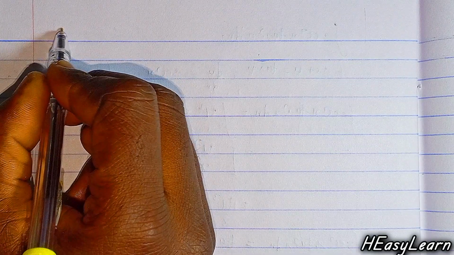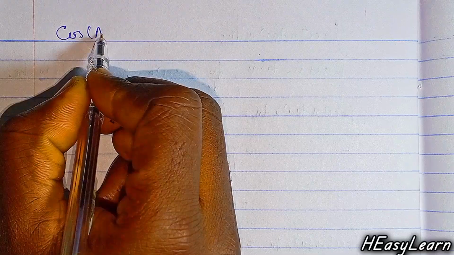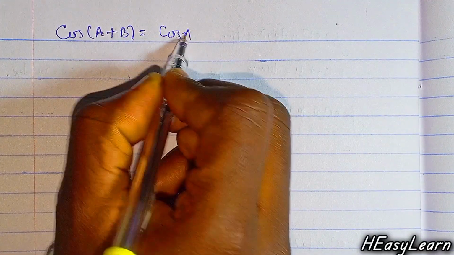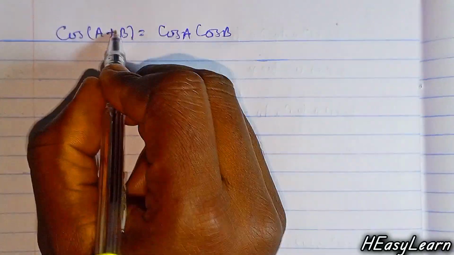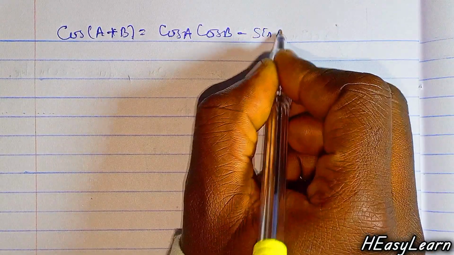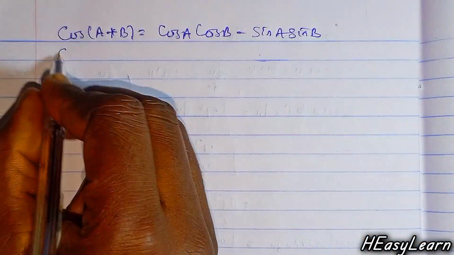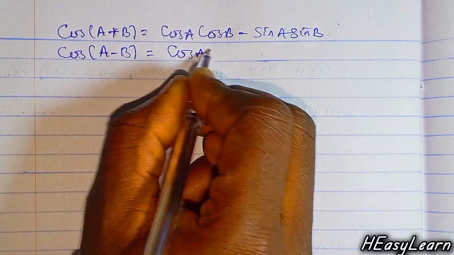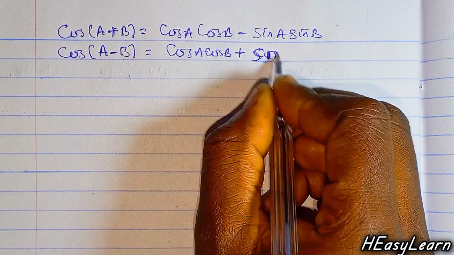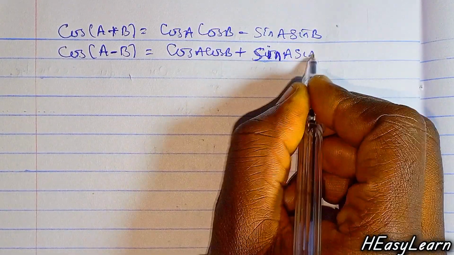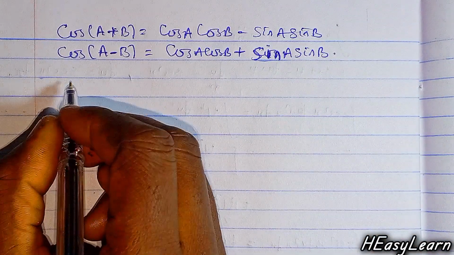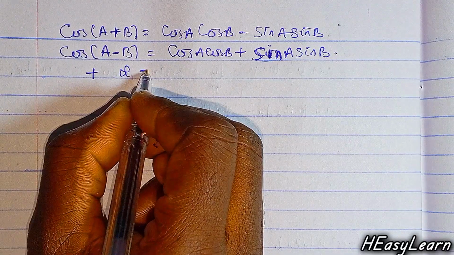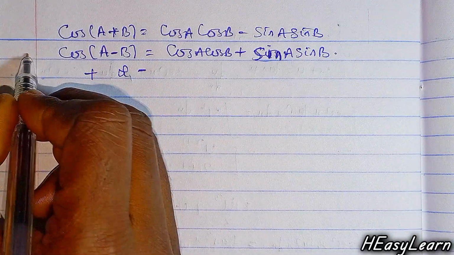So recall from trig identity that cos(A plus B) is the same thing as cos A cos B minus sin A sin B. If here is plus, here will be negative. Similarly, cos(A minus B) is the same thing as cos A cos B plus sin A sin B. Let's first add these two identities.